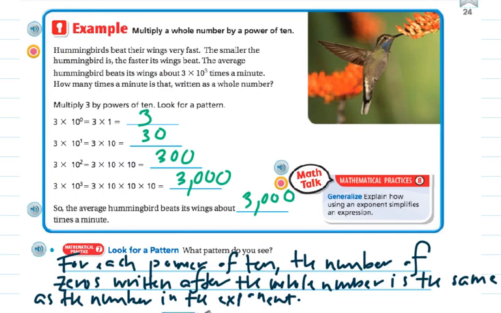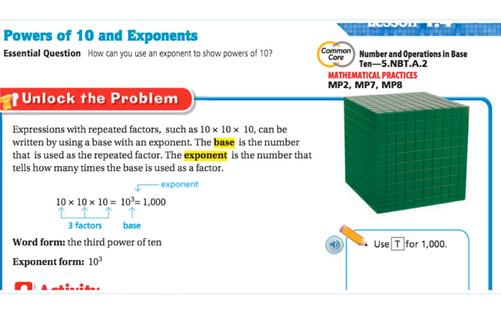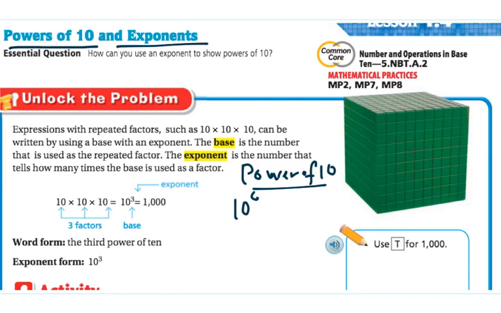So this whole lesson, students, is about patterns and identifying the powers of 10 and exponents. So it might be a good idea in your list of notes to make a powers of 10 chart. And remember again, the 0 power of 10 is 1.